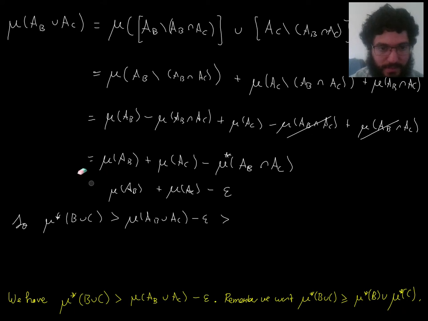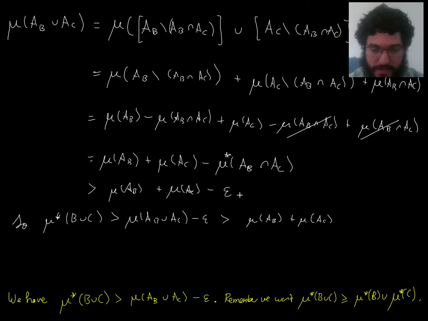Okay, so here I've got greater than mu AB plus mu AC minus another epsilon. And there was already a minus epsilon, so now it's minus 2 epsilon. So my original thing that I had down here, I can update.